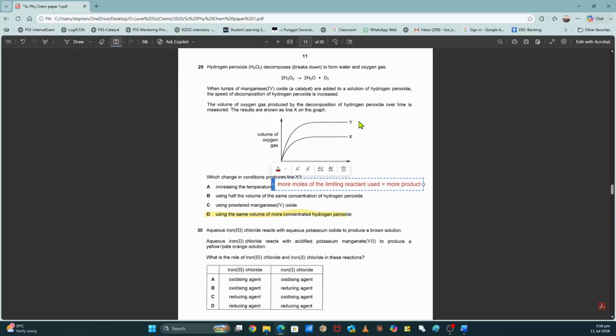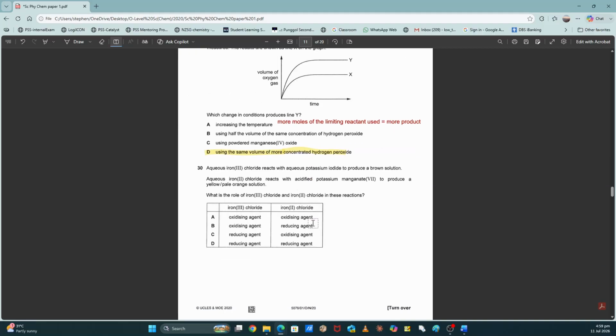In this case, there's only one reactant, so that is the limiting reactant. There's no excess because look, there is no other reactant over here. Okay, so maybe it takes a while to understand.